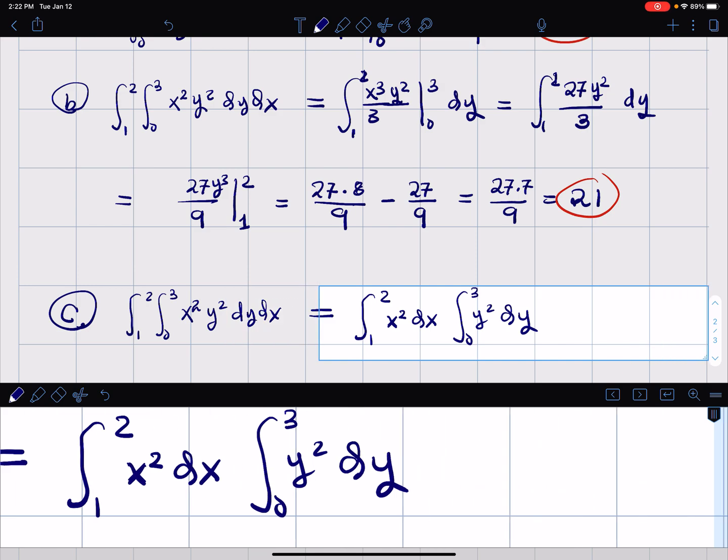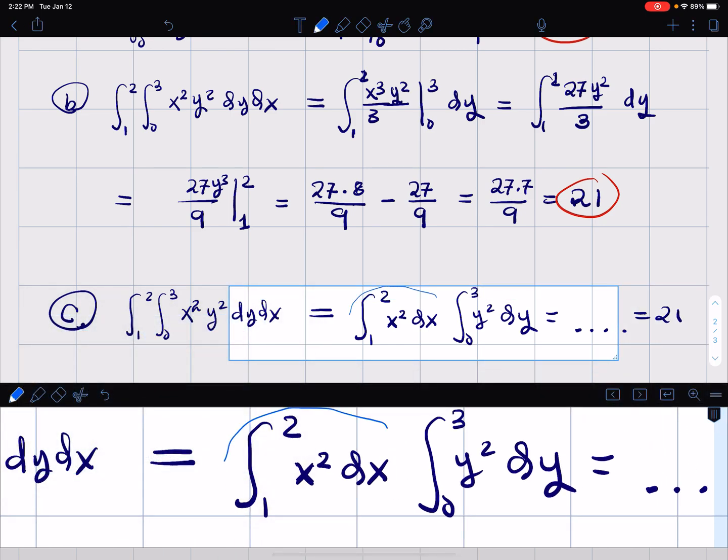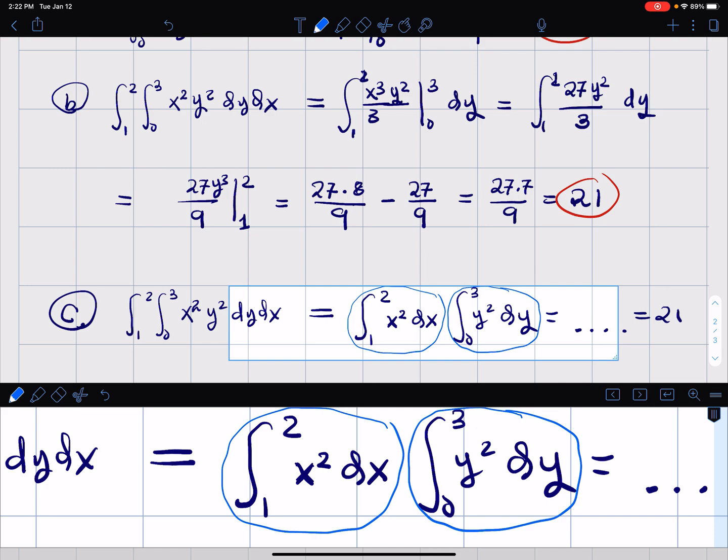And I guarantee you, if you solve it this way, you're going to get the same answer. What do I mean? If you solve this, get an answer for it, and then solve this, get an answer for it, and multiply it, you're going to get 21.